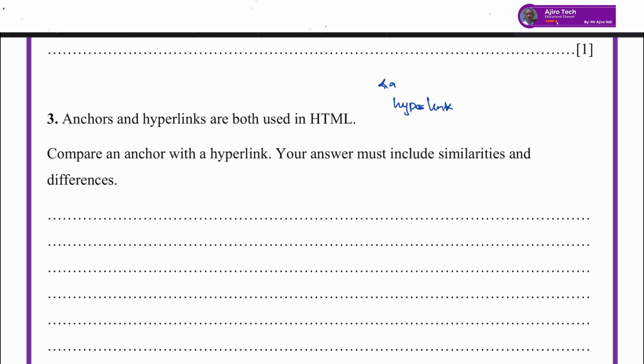A hyperlink can be clicked on to cause another web page or part of a web page to be displayed. Essentially, a hyperlink can redirect users to an anchor by including its name. Hyperlinks are clickable.